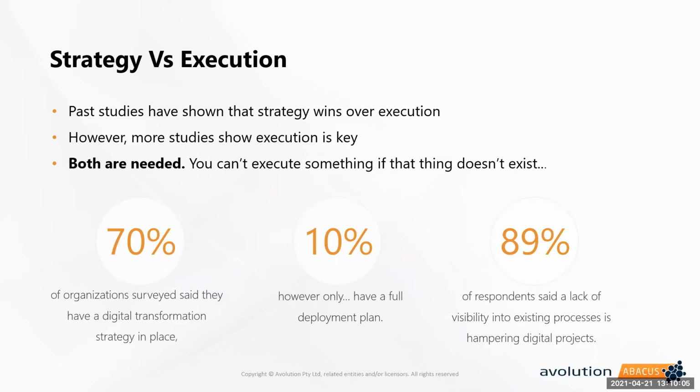The biggest takeaway from this is the significant difference between companies that have a digital transformation strategy, which was reported at about 70% of companies, and only 10% of those identified some way of executing it.